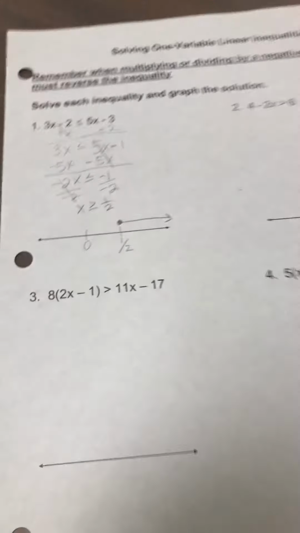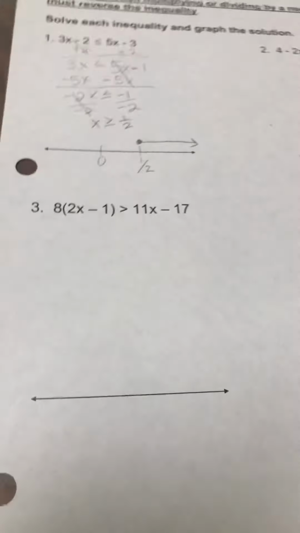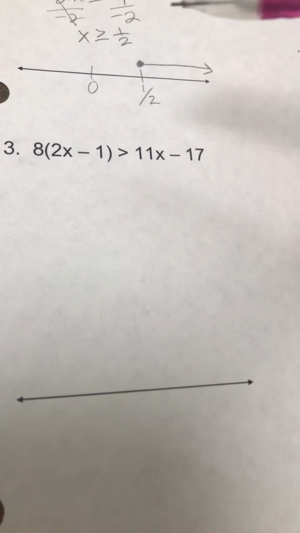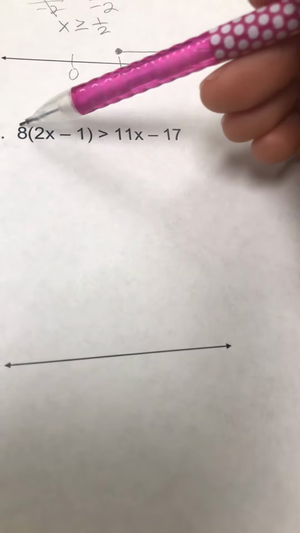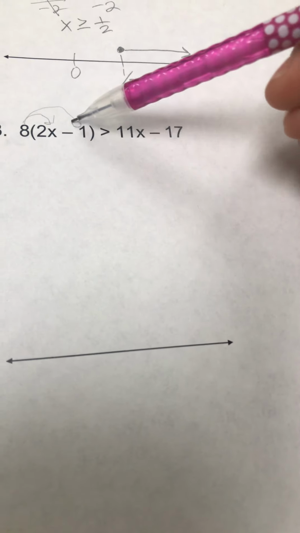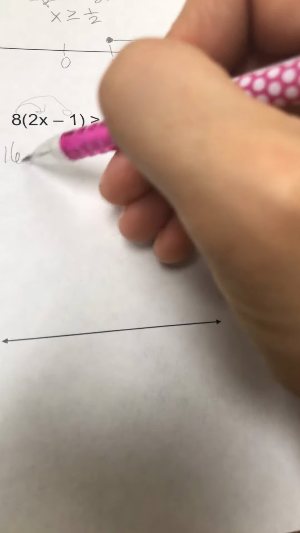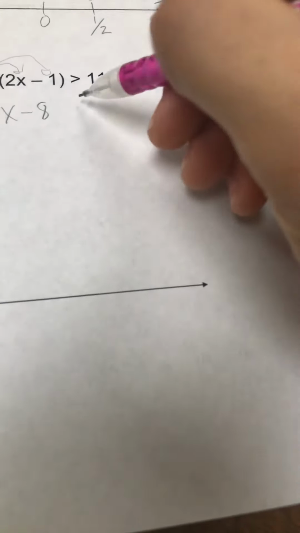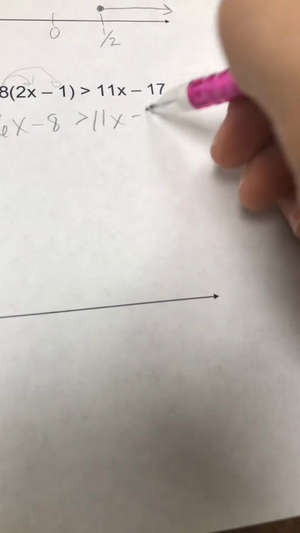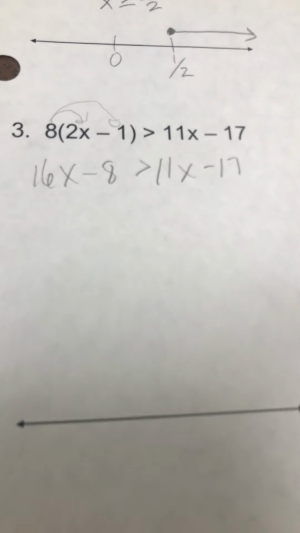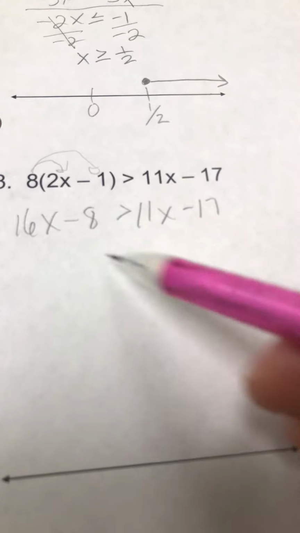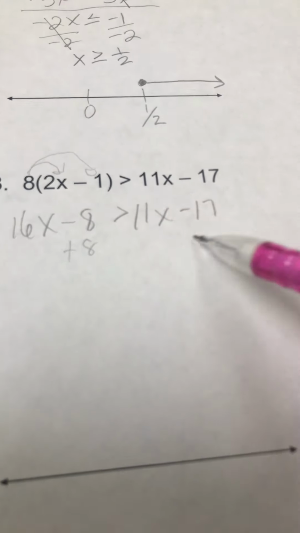Okay? All right, so now let's do a little bit harder one where we go to number 3, okay? Our first step here, just like we did yesterday, is we're going to distribute, okay? So you're going to have 16x minus 8 is greater than 11x minus 17, okay? So now we need to move these over, so let's just add our 8 over here.